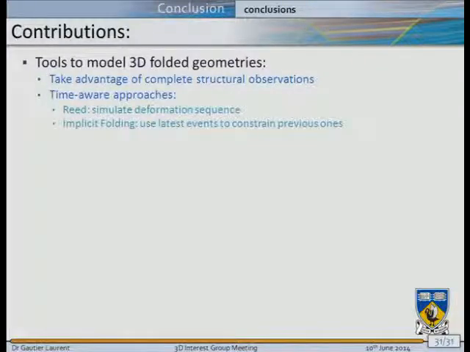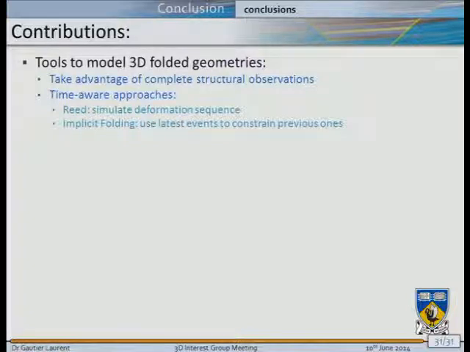And what I would call, I'm not sure it's really English, time-aware approaches. So we want to have methods that represent current geometry, but if they don't honor the fact that you have had several events interacting with each other, then your model is just wrong. Of course, all the models are wrong. That's the base. But this one is just not realistic at all.